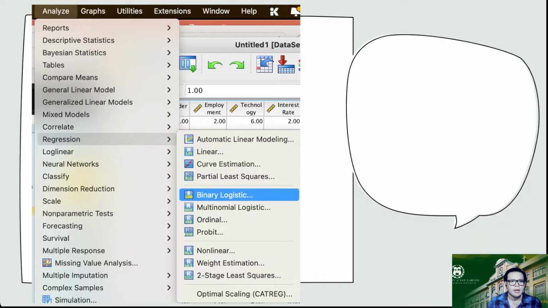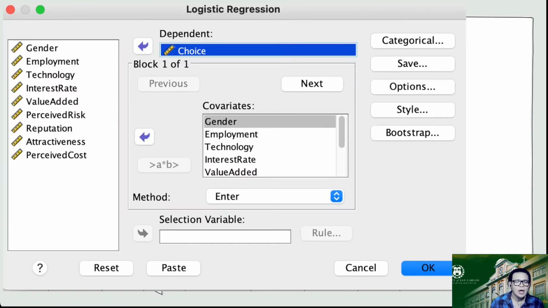So how are you going to analyze that using SPSS? You just have to open and extract the sample data into your SPSS, click on Analyze, click on Regression, and then Binary Logistic. The first thing you do is put the dependent variable, choice, in.